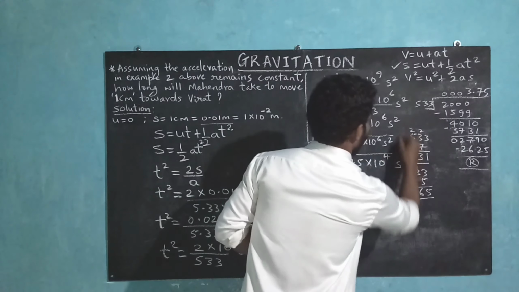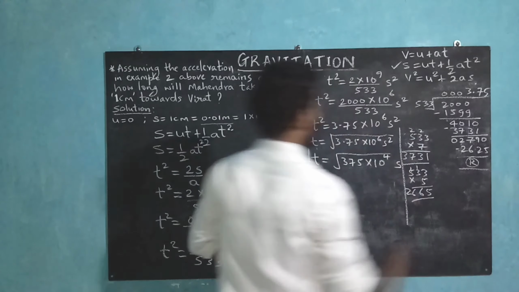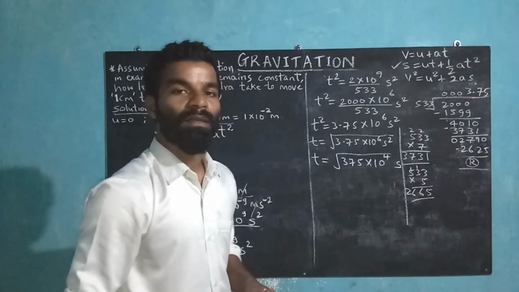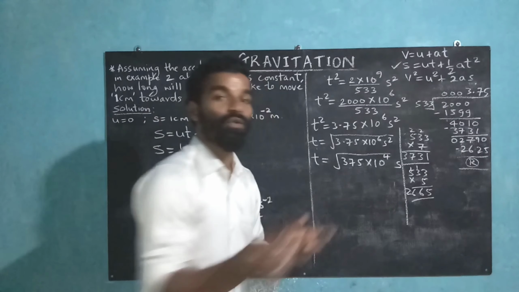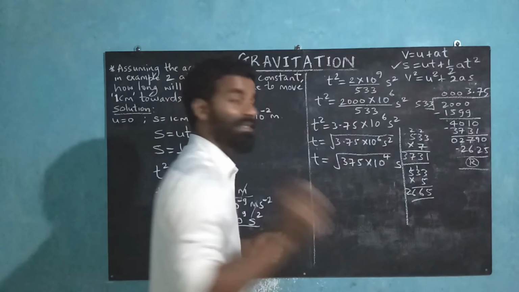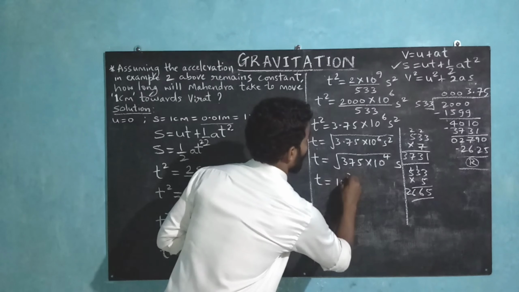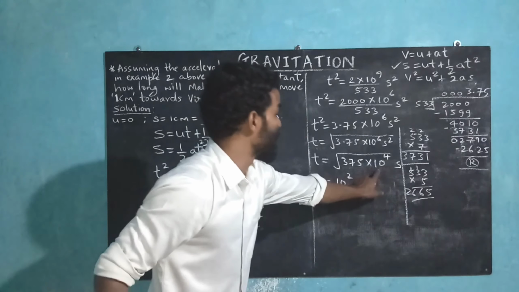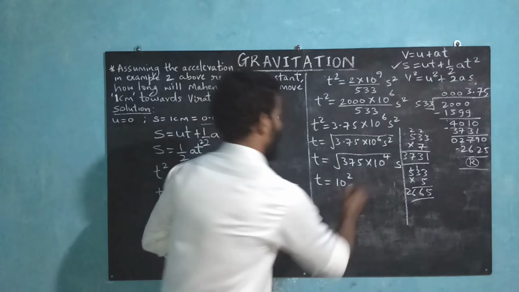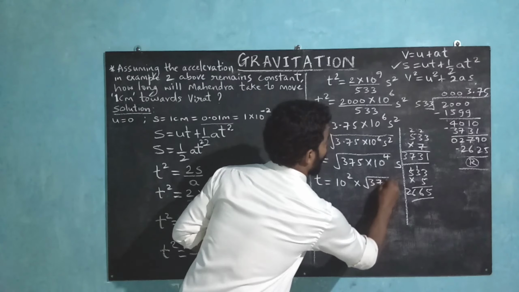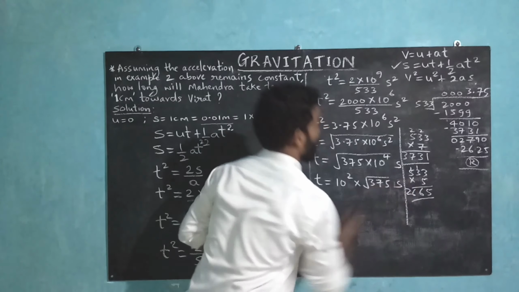You can take that out straightforward. Seconds. So now the square root of 10 raised to 4 will be 100, because 100 into 100 is 10 raised to 4, which is 10,000. So t will be equal to 10 raised to 2. You are already getting this out, 10 raised to 4. So in the square root there will be 375 and this seconds outside.